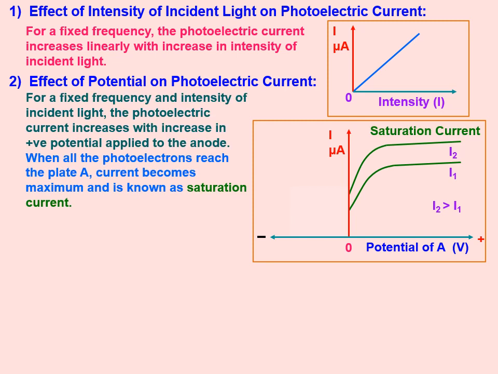So now we can say that for a fixed frequency and intensity of incident light, the photoelectric current increases with increase in positive potential applied across the anode. When all the photoelectrons reach plate A, current becomes maximum and is known as saturation current.